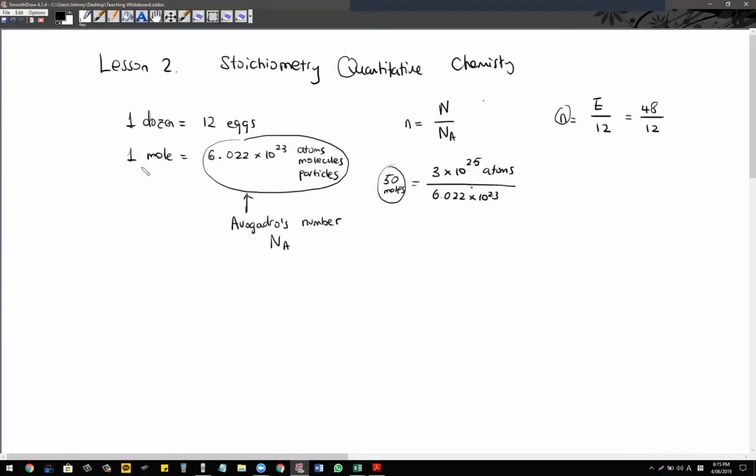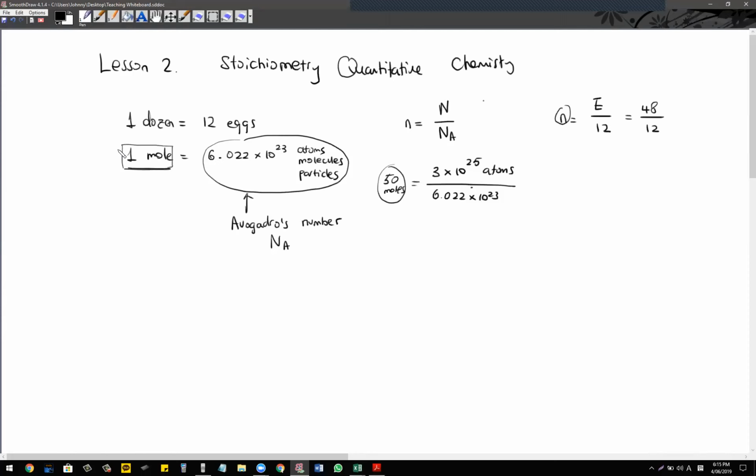The reason why we use this unit is because when we deal with chemistry, even a single drop of water contains gazillions of particles, right? Gazillions of molecules, lots and lots of molecules.